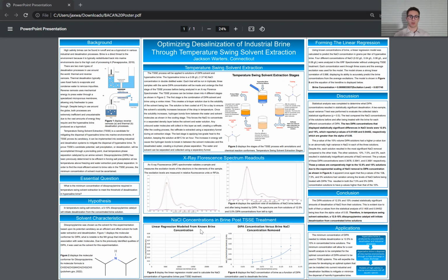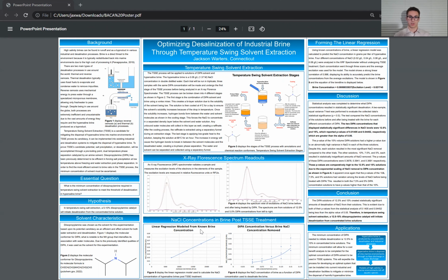I put them in the X-ray spectrometer, got the average of 3 different trials that I ran, and put them onto a scatter plot. And the regression model that formed was extremely linear, which allowed me to make accurate calculations of the amount of salt in each solution that I made.